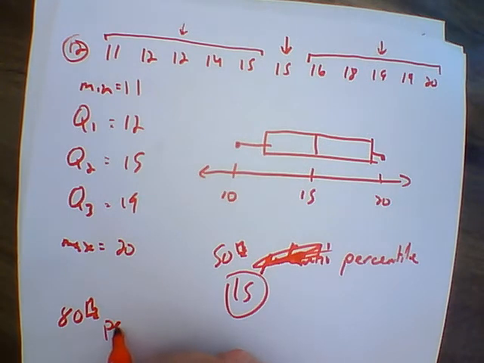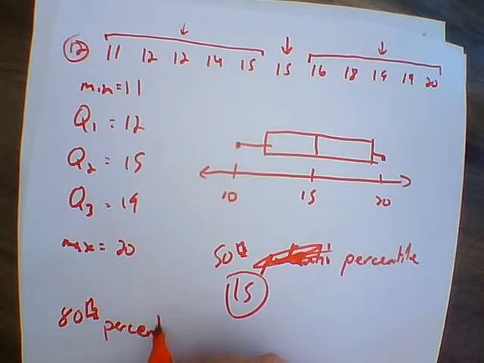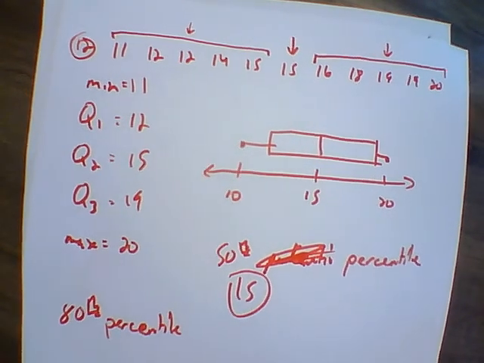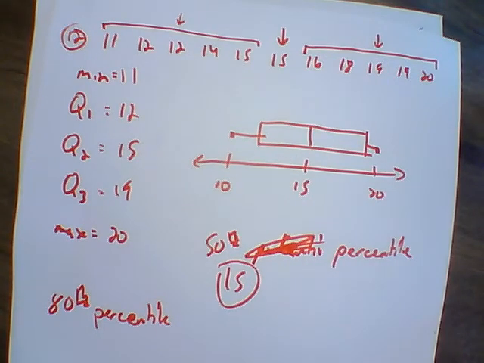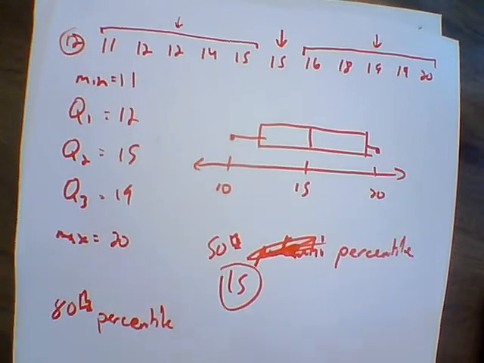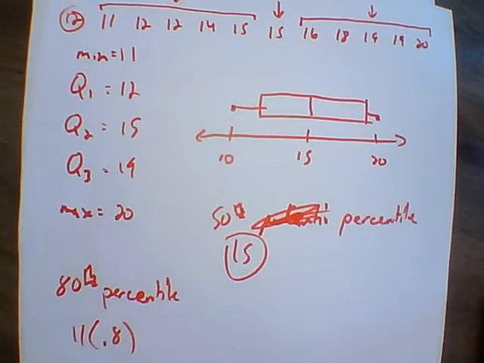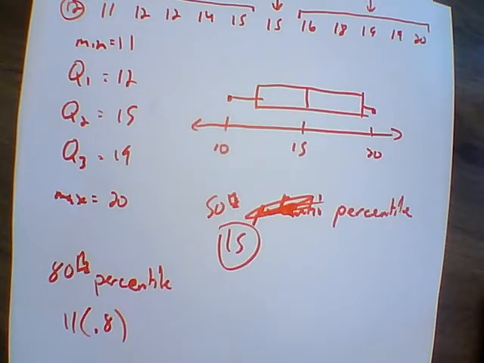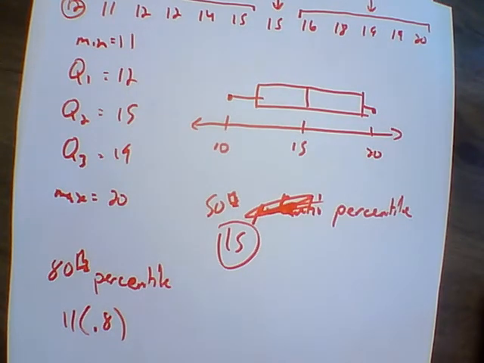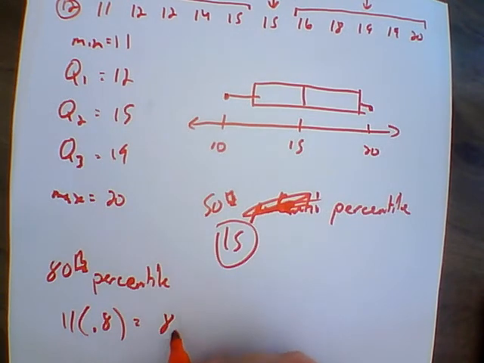So if I want to know the 80th percentile, what we have to do is take our total amount of numbers and multiply by that percentile. So if I take my 11 numbers and multiply by 80%, or the 80th percentile, we see that 11 times 0.8 equals 8.8.